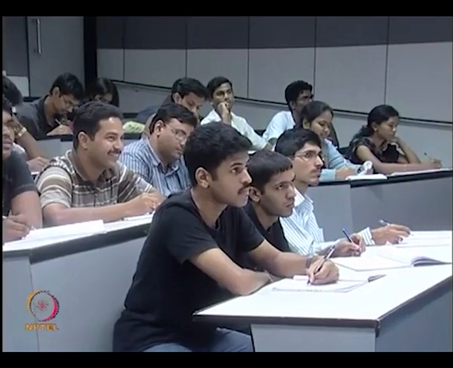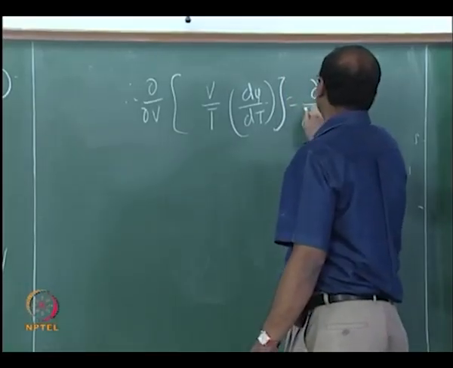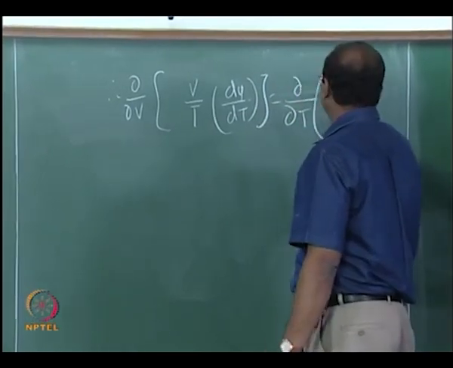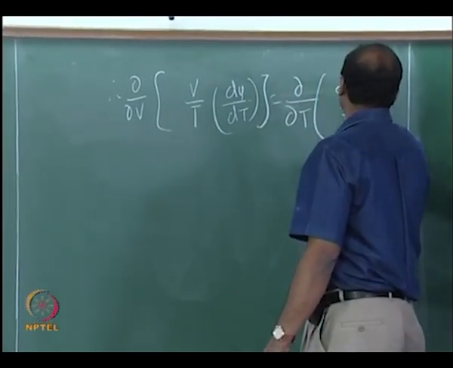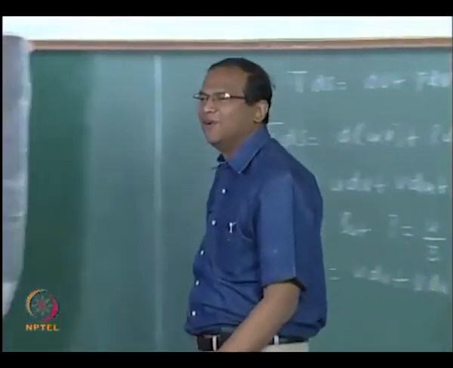dU by dT is equal to... I know that I am on track, okay. How many of you did not understand this step? If z is a function of x and y, you can write that dz is equal to M dx plus N dy, right.